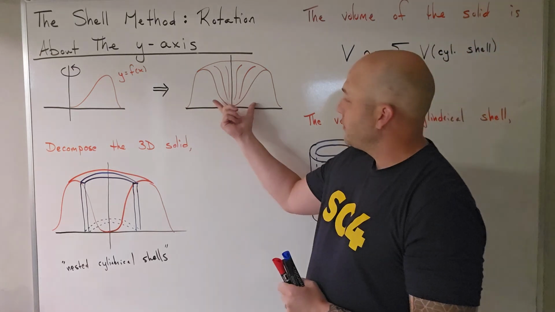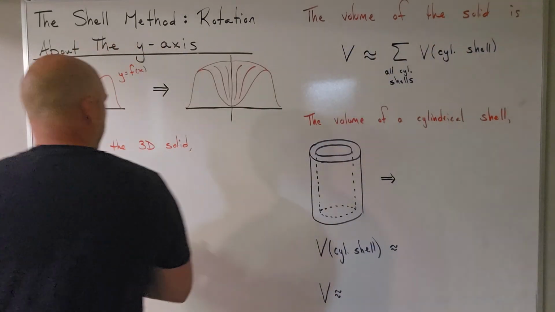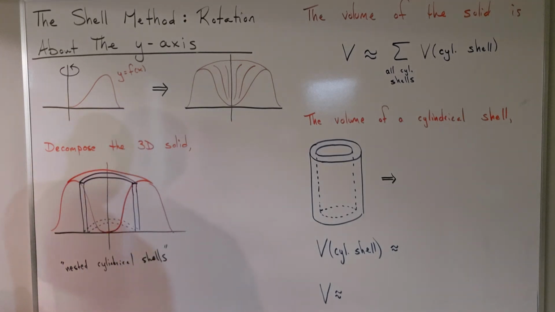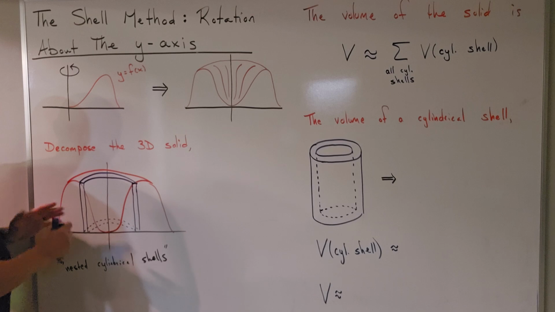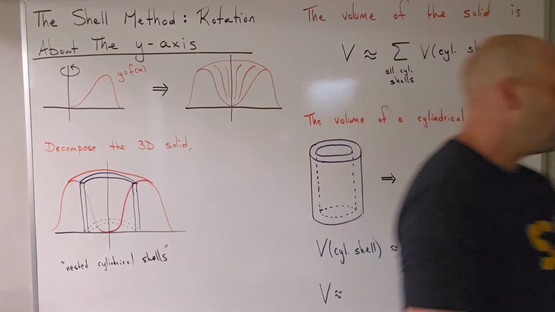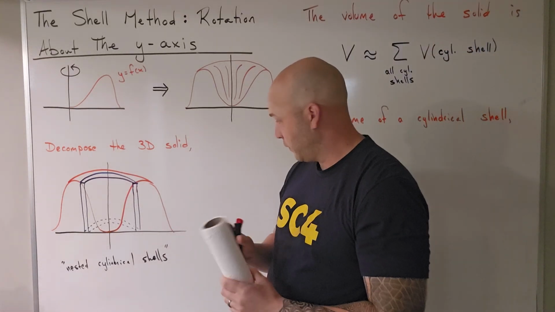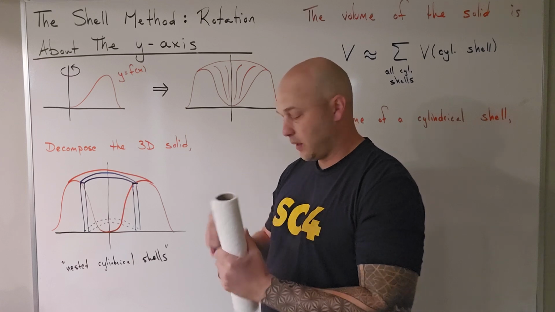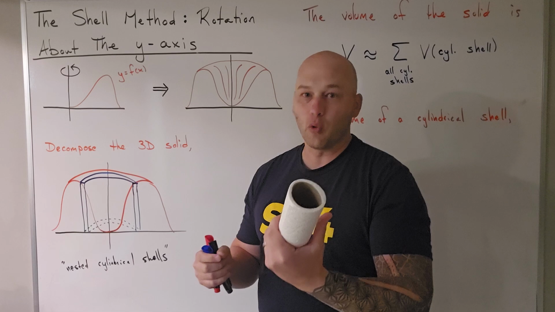I'm going to take this object here and decompose it using the following basic geometric shape. I'm going to look at what are called nested cylindrical shells. You could imagine that this isn't the best object to use, but I think it gets the point across. So think about a paper towel roll, right?